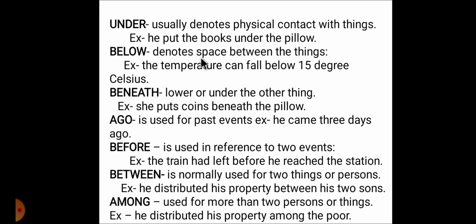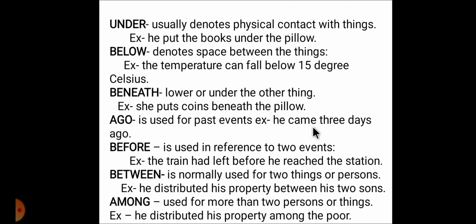Below denotes space between things. The temperature can fall below 15 degrees Celsius. So this is 15 degrees below the level. Beneath, lower or under the other things. She puts coins beneath the pillow. So that is beneath. Ago is used for past events.